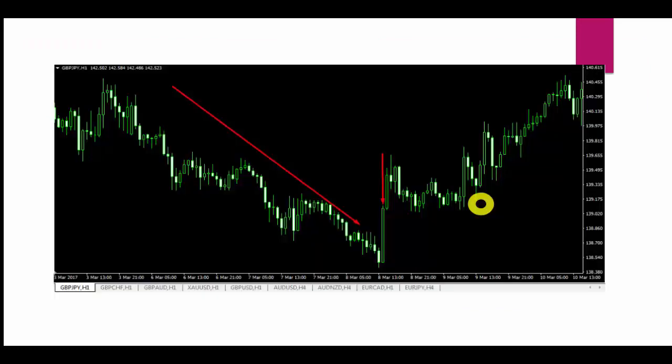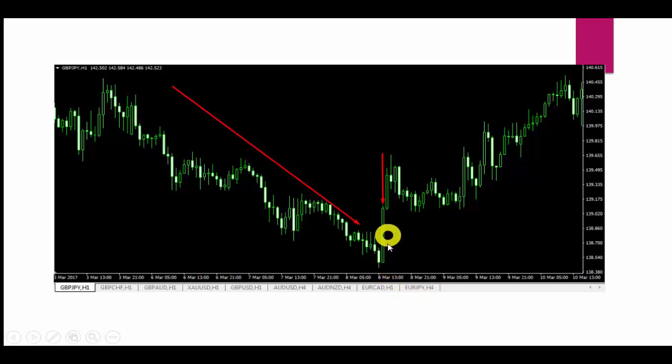Now we are on the GBP JPY chart. Earlier you can see the market was falling. Right now, this candlestick has a very small upper shadow, in a downward trend.